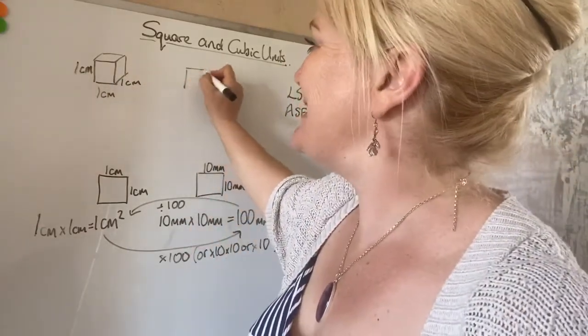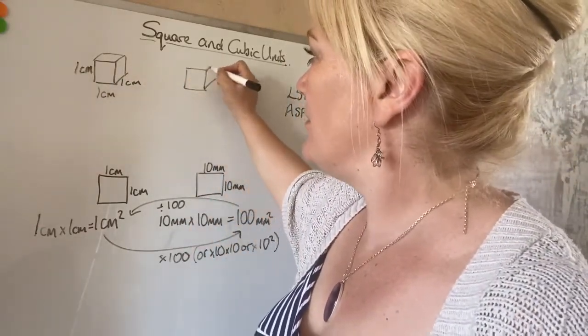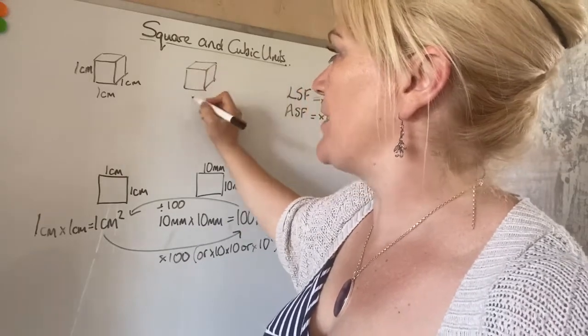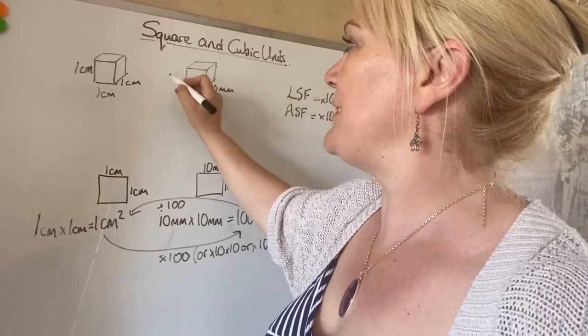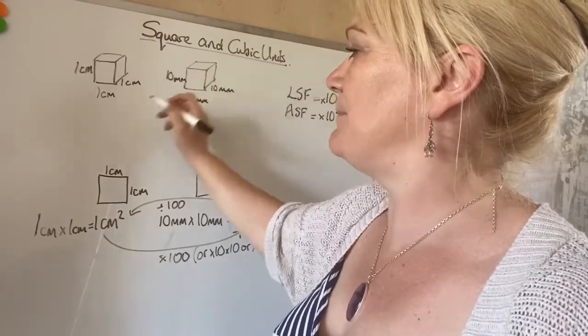It's exactly the same over here, but this time I'm going to be working in 10 millimetres. And I think you can probably already see what's going to happen, can't you?